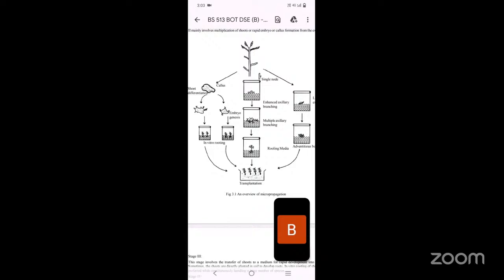So, somatic embryogenesis. The other one is somatic embryogenesis. See here.